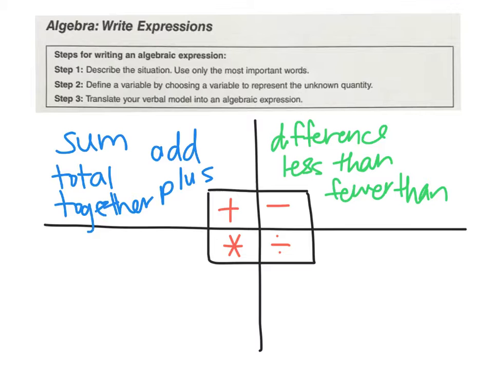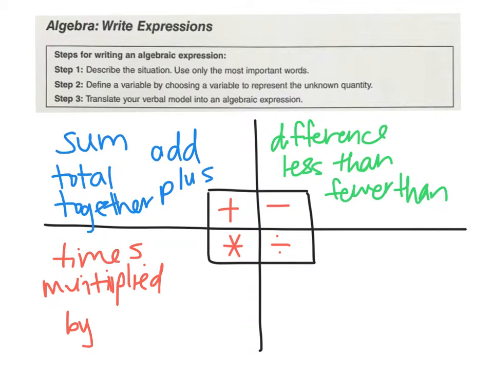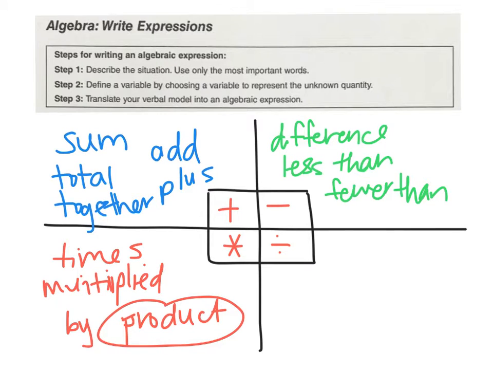Then looking at multiplication, you may see the word times or multiplied, or just the word by. You may also see the word product, the answer to a multiplication problem. So the word product is key.